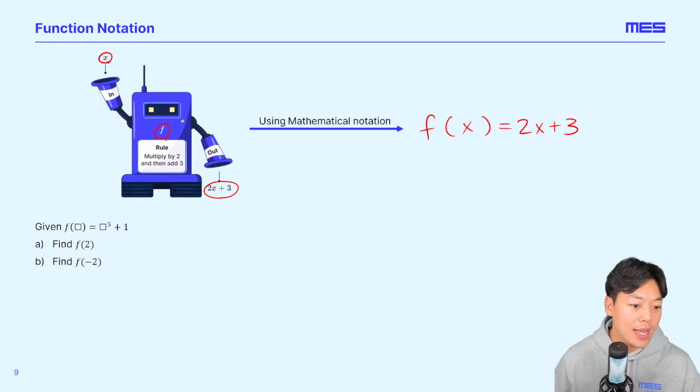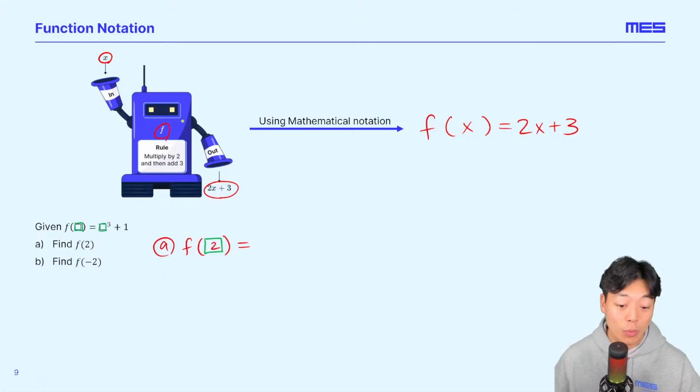So if we want to find f of 2, and 2 is a part of this box, let's color code this 2 and these boxes as well. Once we substitute this 2 into the box, it will be cubed and then plus 1.